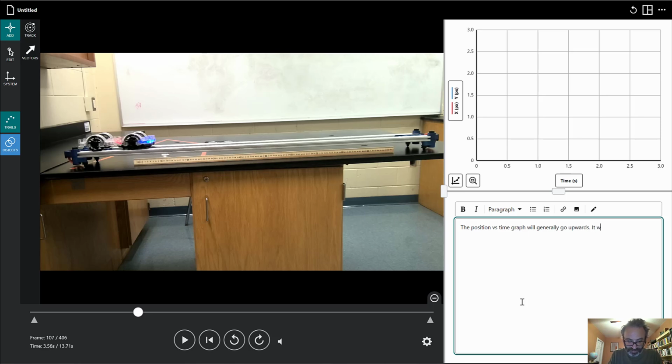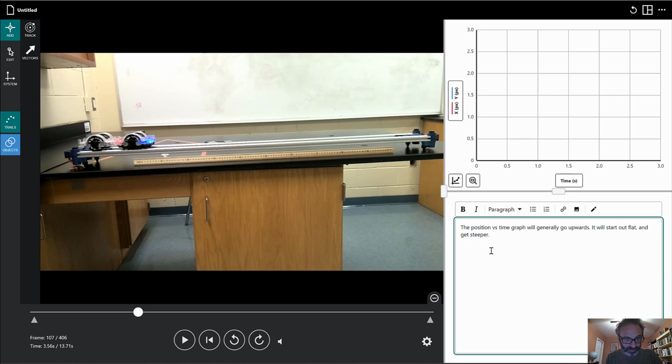It'll start out flat and get steeper, because I know a flat position versus time graph means a small velocity and a slow speed, and a steep position versus time graph means a large velocity and a large speed. And it's all going to be positive. That's my qualitative prediction.